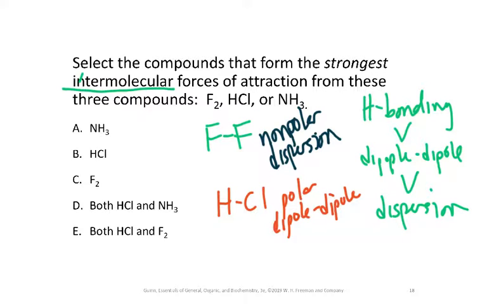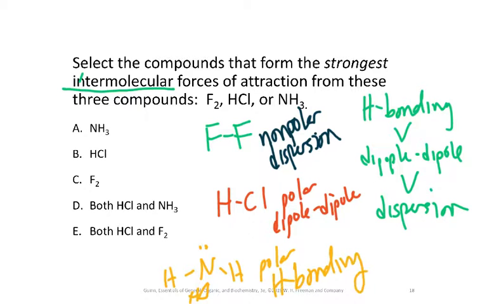And NH3 is polar, but it also has NH, right? It has the NH bond, so that's hydrogen bonding. So which one has the strongest? That would be NH3, and only NH3. It's in a category by itself.